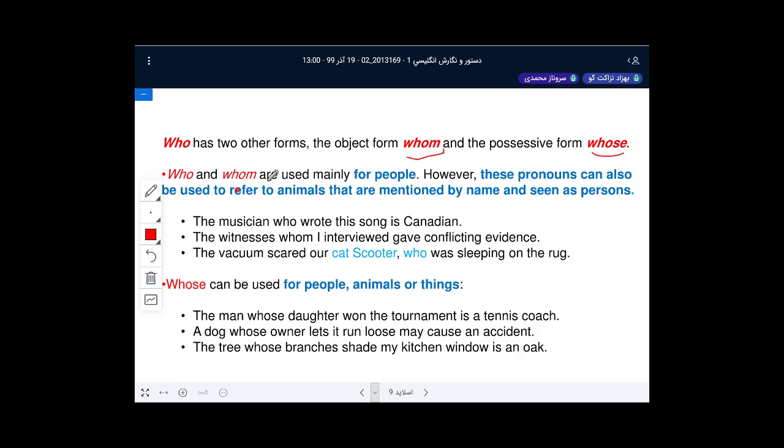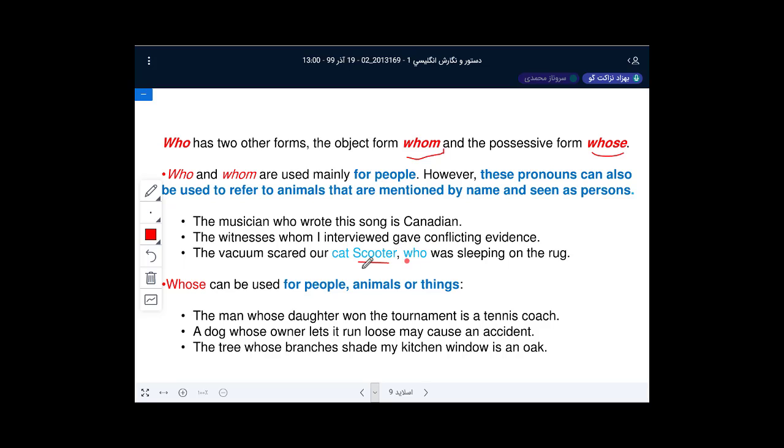Who and whom are used mainly for people. However, it is possible to use them for animals when we mention them by name. Cat, Scooter. So we mention this cat by name. Cat, Tomcat, okay? Jerry Mouse.